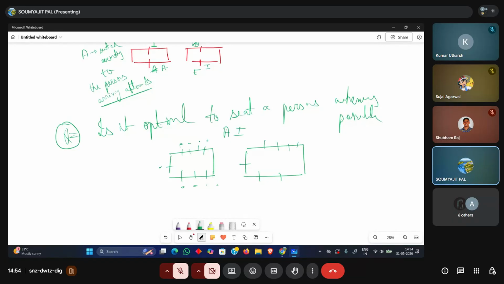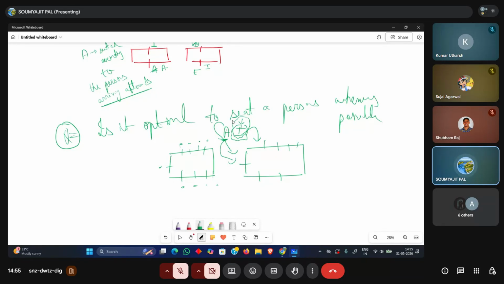If I try to sit the ambivert here, then I cannot sit the introvert because he always needs an empty table to sit on. So if I skip the ambivert, I can sit the introvert. And if I sit the ambivert, I cannot take this introvert.